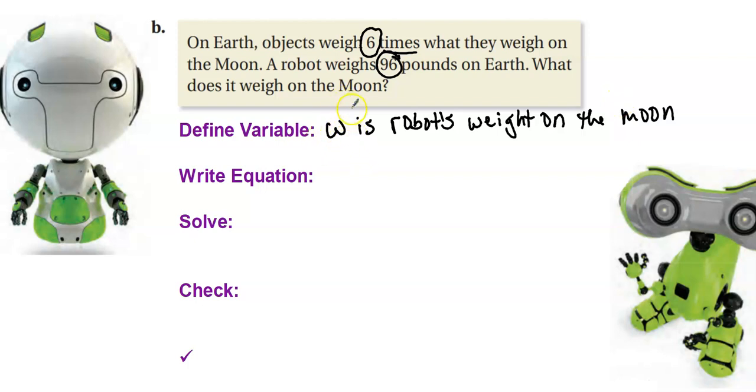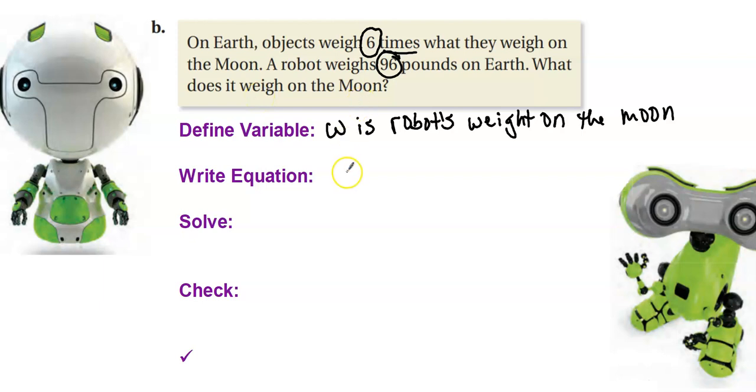Now here's where you have to figure out, are you multiplying or are you dividing? So if a robot weighs 96 on Earth, it says that is 6 times more. So I'm thinking about the is 96, 6 times what it weighs on the moon, and we just let W be what it weighs on the moon.